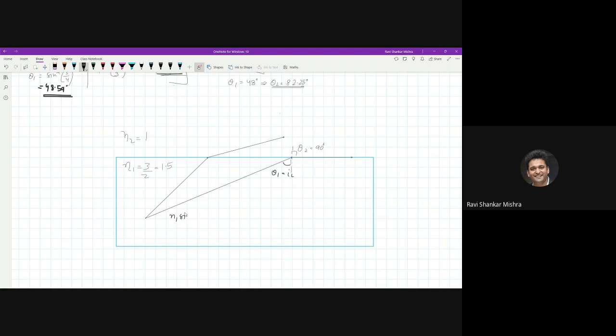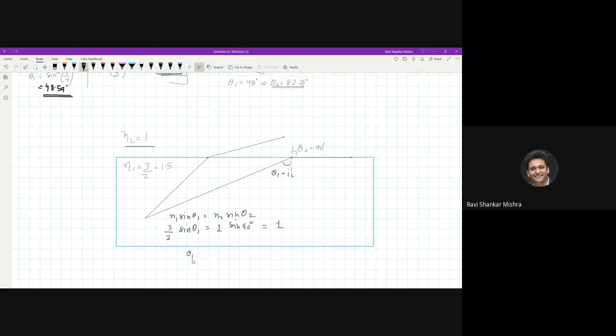N1 sine theta 1 is equal to N2 sine theta 2. N1 is 3 by 2. Sine theta 1, which we are looking for, is equal to N2 sine theta 2. N2 is 1 here, right? Theta 2 is 90 degrees, sine 90 degree is equal to 1.